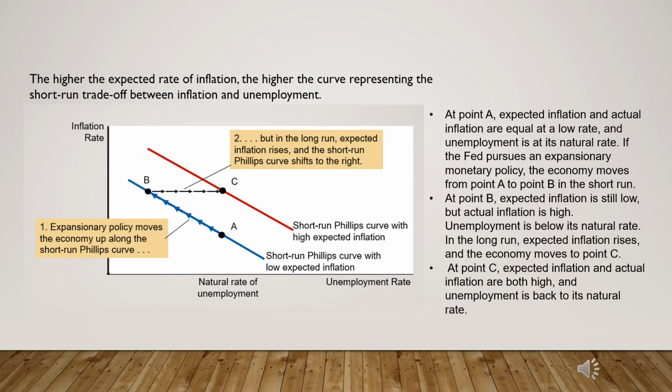The economy ends up at point C with higher inflation than at point A, but with the same level of unemployment. Thus, policymakers face only a temporary trade-off between inflation and unemployment. In the long run, expanding aggregate demand more rapidly will bring higher inflation without any reduction in unemployment.